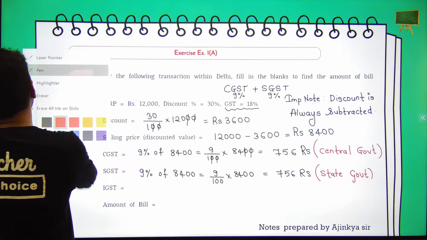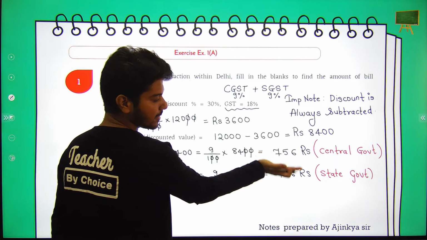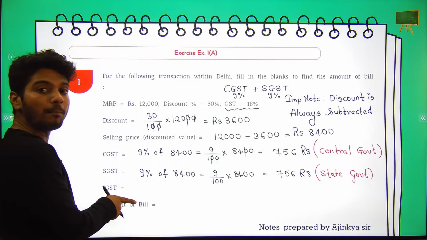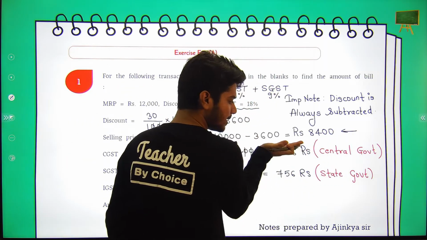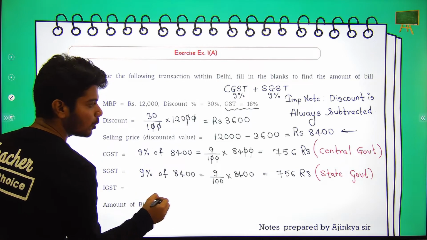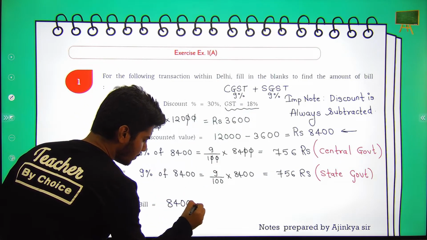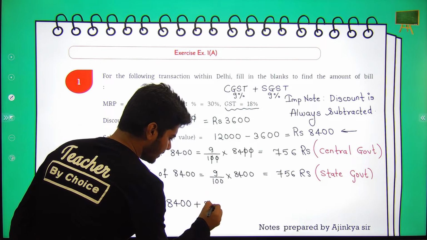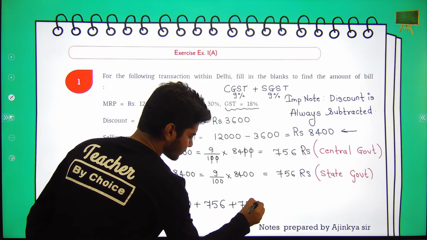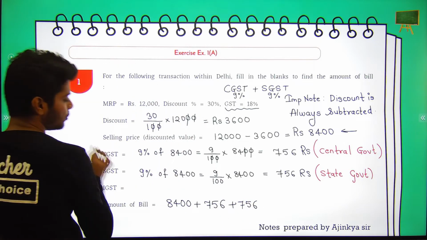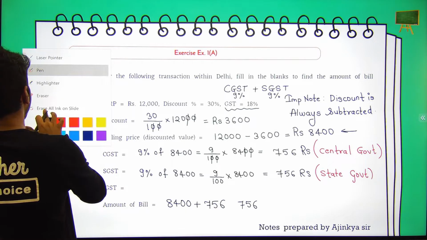Now let's see how it's actually calculated. Total tax paid is this plus this. And total amount on the bill would be this plus this plus this. So amount on the bill will be 8400 plus 756 plus 756. If you want, you can do it fast on your own.